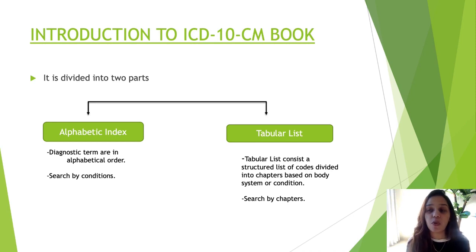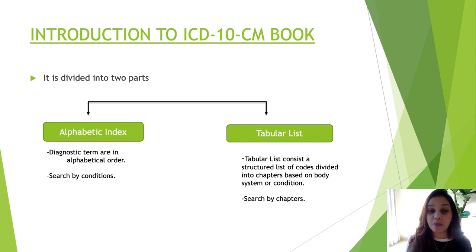Suppose you want to look for fracture of nasal bone or fracture of femur, tibia, radius, anything, you have to go for the term fracture, that is letter F first. Then within fracture you have to look for the term, whether it is nasal bone or tibia or anything. So you have to search by the condition.